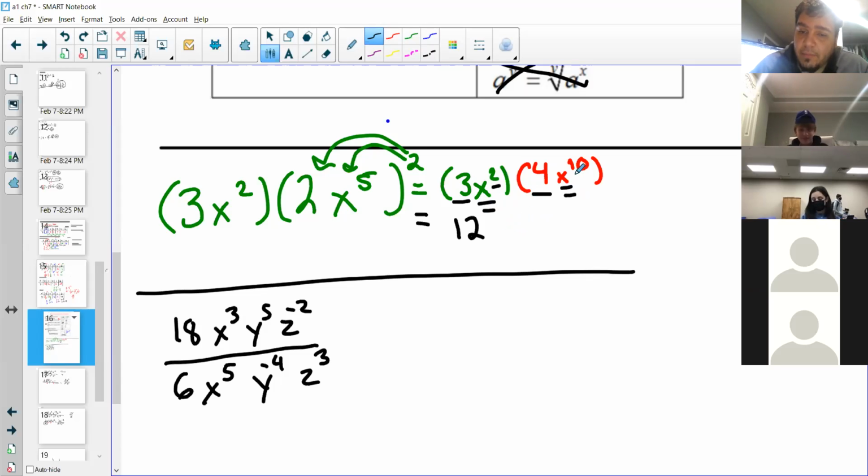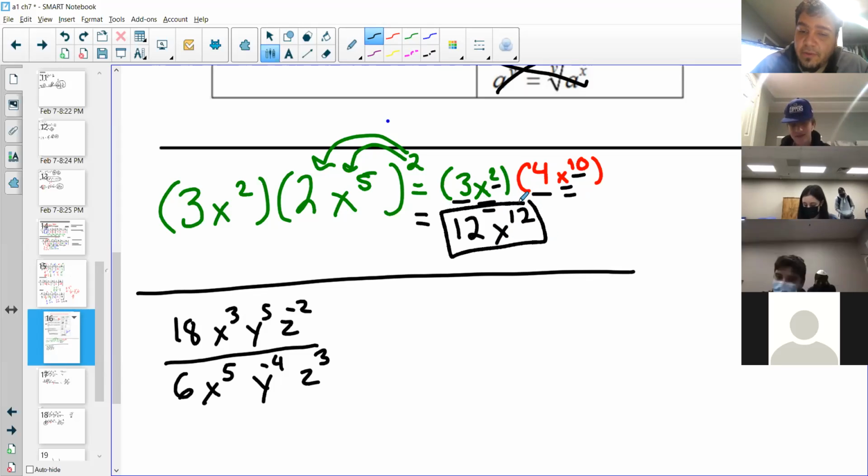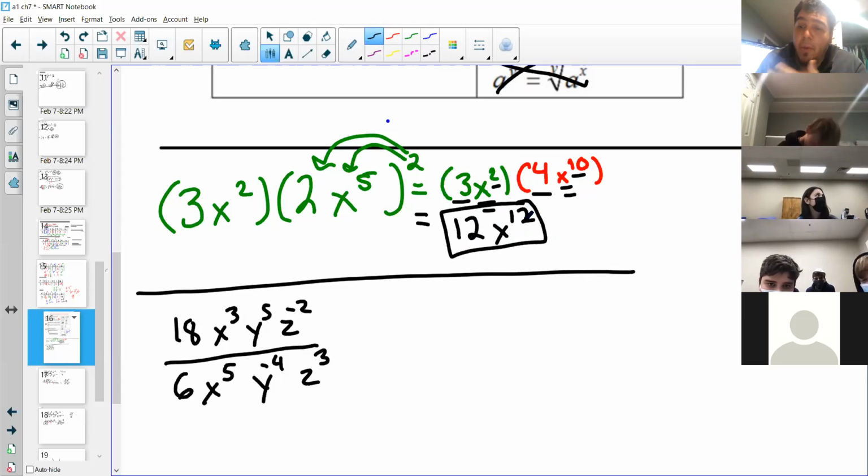So x to the second times x to the 10th will be x to the 12th. So your final answer for the first one will be 12x to the 12. Remember, you multiply normal numbers normally, and then you're going to add the exponents when you multiply them. Any questions on the first one?